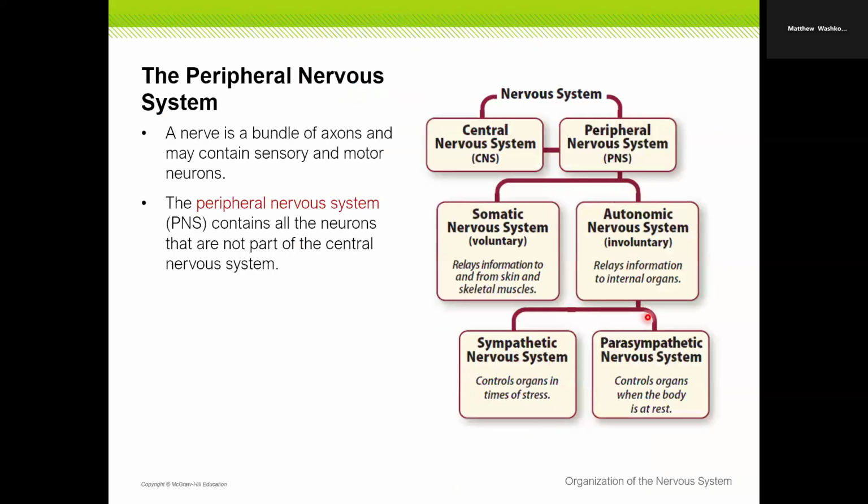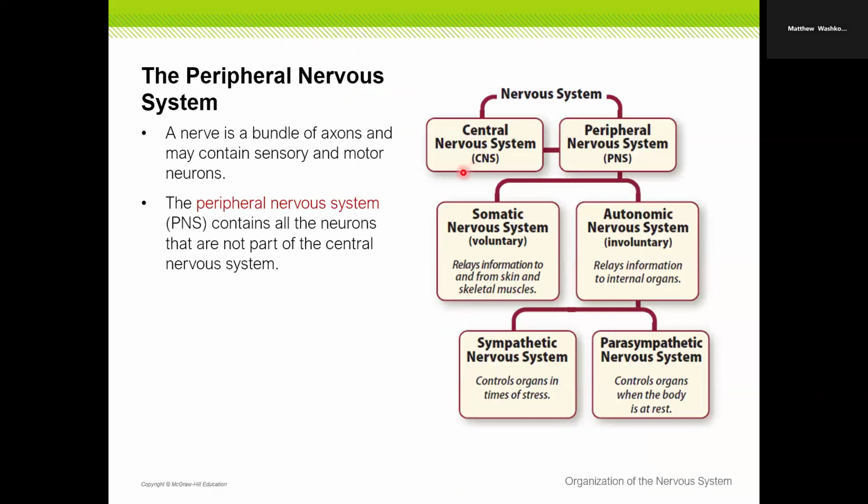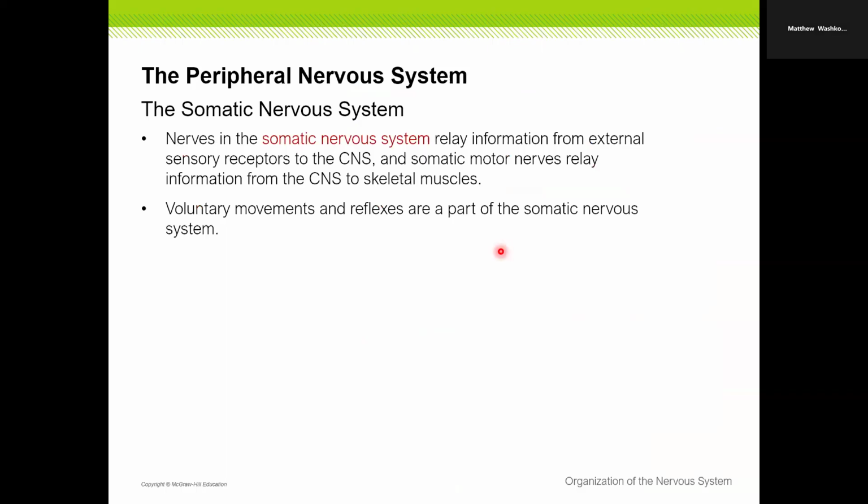So your peripheral nervous system, right? Bundle of axons that control your sensory and your motor. The peripheral nervous system contains everything that's not the central nervous system. Now, your somatic nervous system sends information from external receptors, right? When I touch something, for example, when I hear something, when I taste something, when I see something, it sends that to your central nervous system, and those motor nerves relay information from the central nervous system to the skeletal muscles.